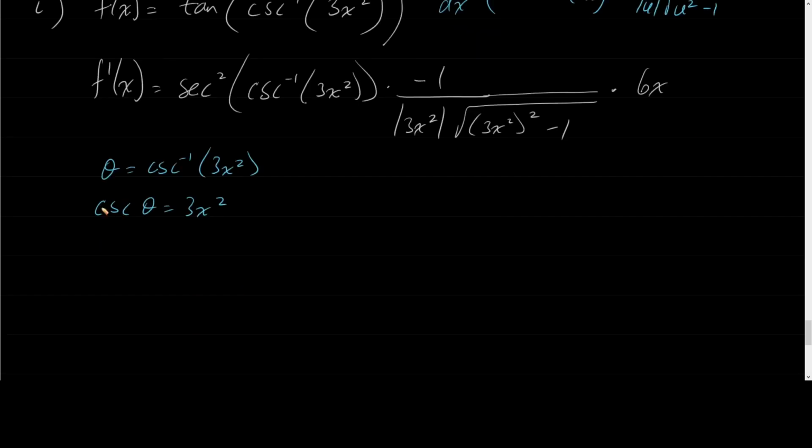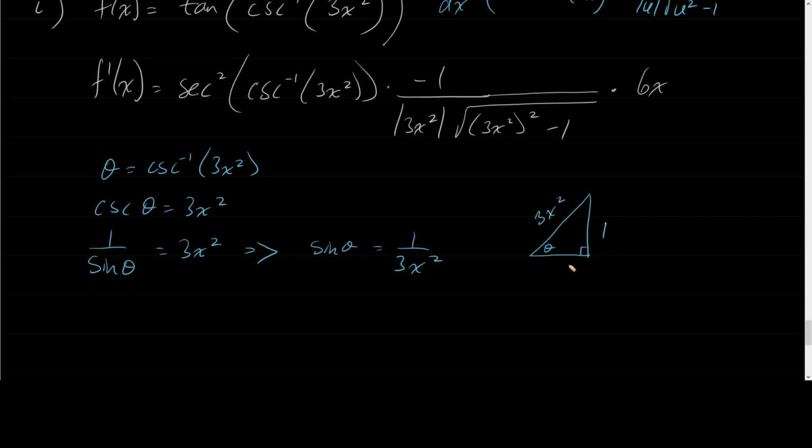Well, from SOHCAHTOA, cosecant isn't in there, but I know that sine is. So cosecant is 1 over sine. So that tells me now that sine, if I take the reciprocal of both sides here, is equal to 1 over 3x squared. And that implies this triangle. If this is theta, sine is opposite over hypotenuse, right? Opposite over hypotenuse, meaning that this remaining side here would be the square root of 3x squared minus 1, right?